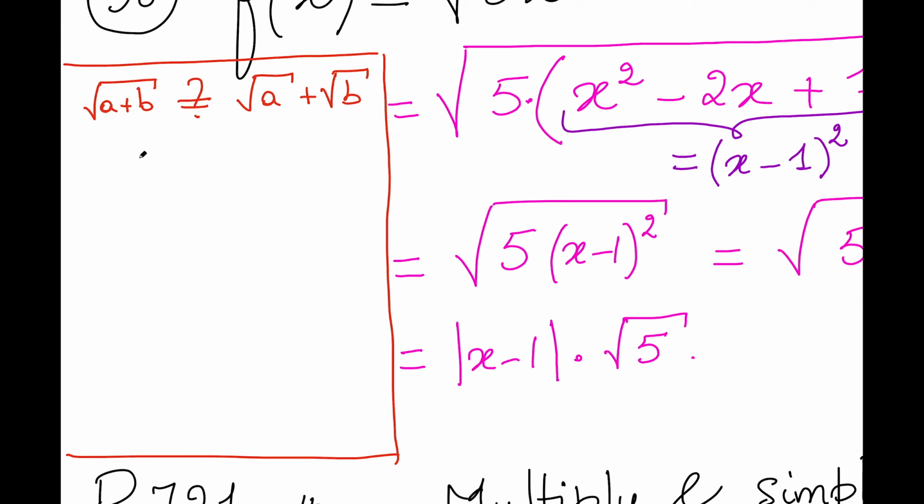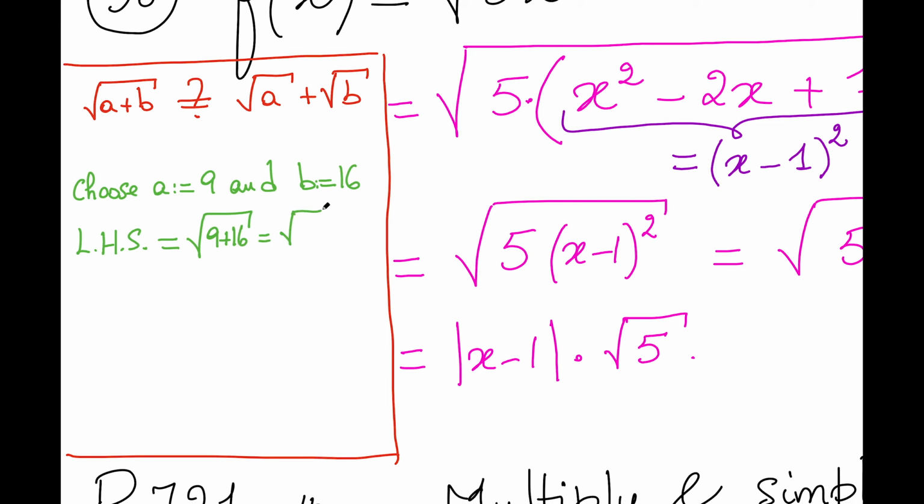Well, how about we take nice numbers? How about we take a to be 9 and b to be 16. What's the left-hand side? LHS for left-hand side. Left-hand side becomes square root of 9 plus 16, which is square root of 25, and square root of 25 is 5.